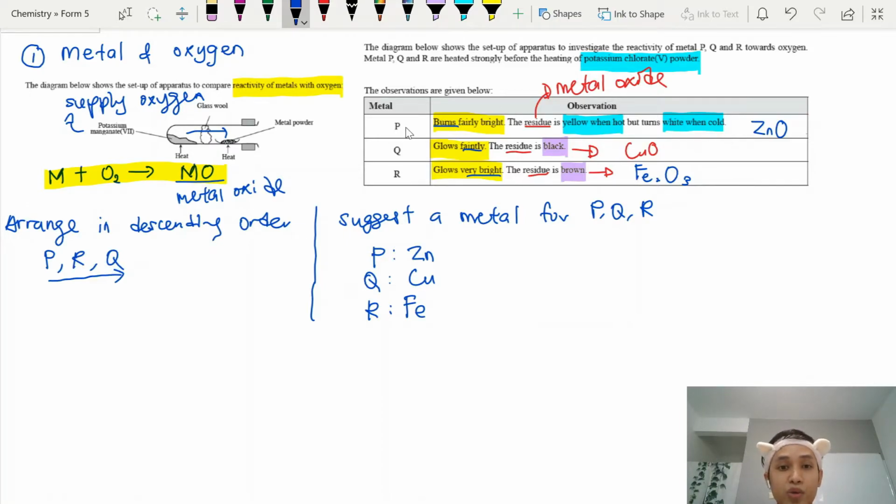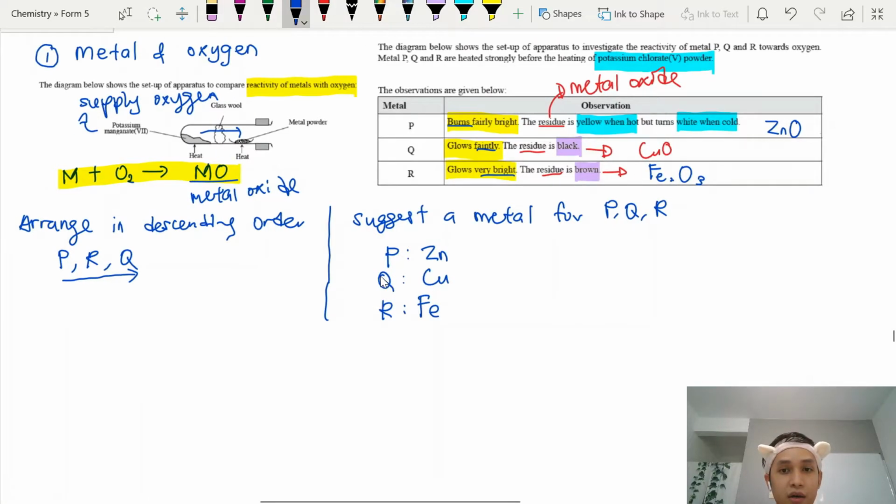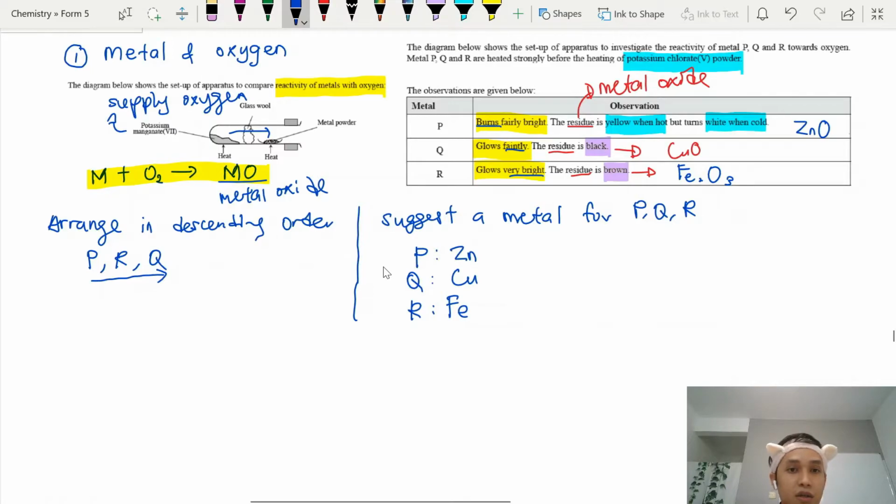If I want to know which metal, I need to look at the residue here, the one at the back. So you need to know the colors of the metal oxides. Then only can we identify the metal here. So that is the first one. Done.